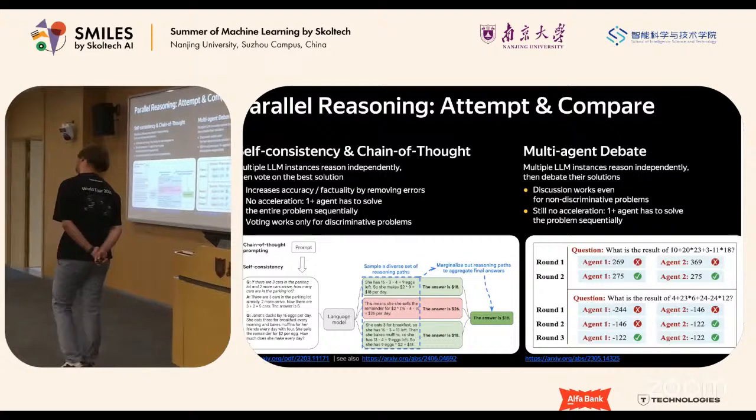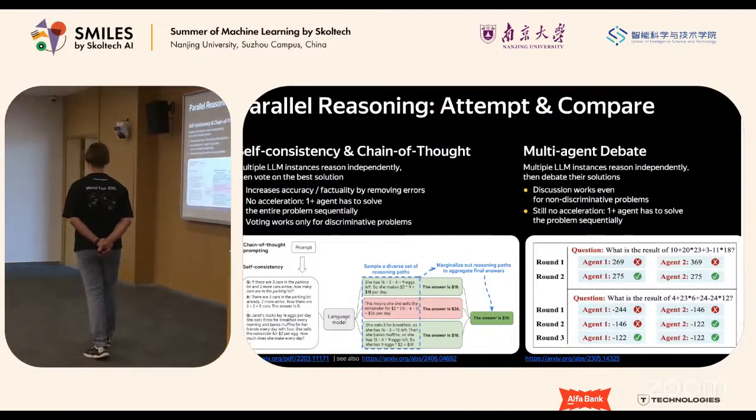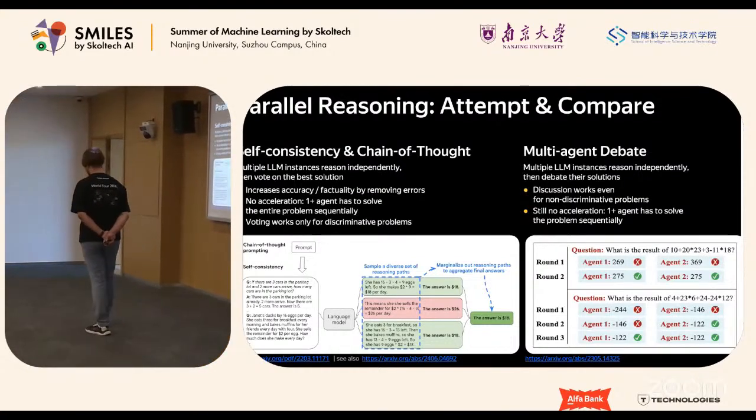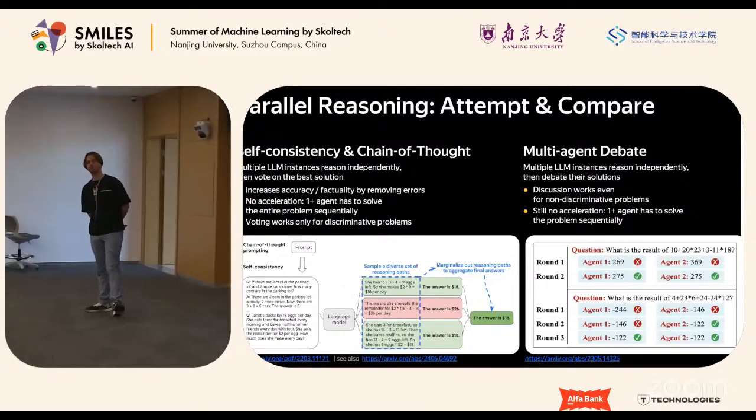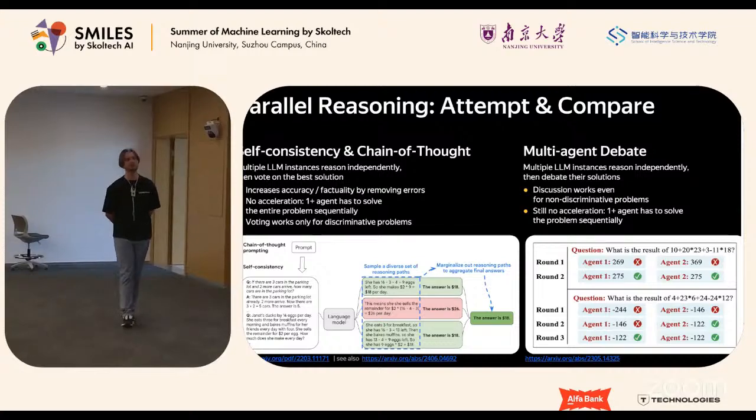These are not very efficient, you may guess, because you need to solve this task a few times before you can output the answer. So it may increase the accuracy on some math tasks, but it does not reduce the time, which is a problem we are trying to solve.